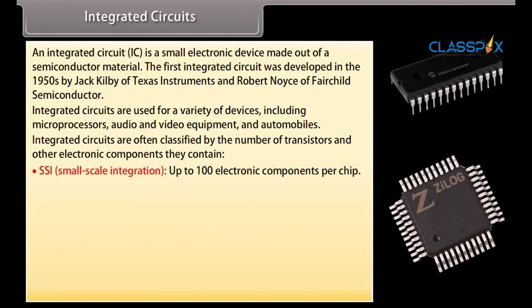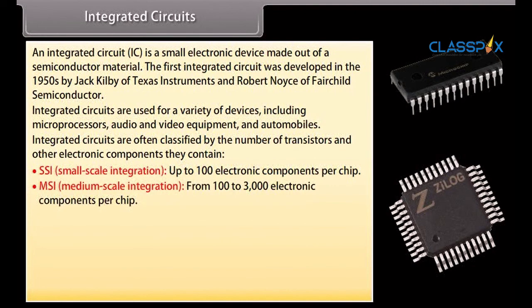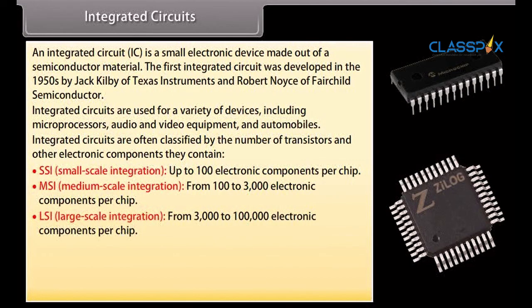SSI, Small Scale Integration, up to 100 electronic components per chip. MSI, Medium Scale Integration, from 100 to 3000 electronic components per chip. LSI, Large-scale integration, from 3000 to 1 lakh electronic components per chip.